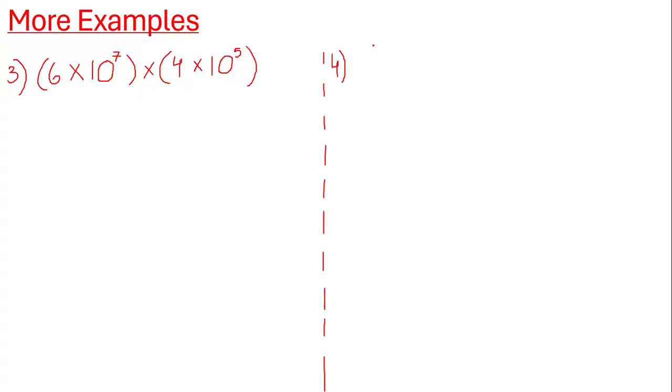And then the next one is going to be open bracket 7 times 10 to the power of 3, close bracket, multiplied by open bracket 3 times 10 to the power of 6.